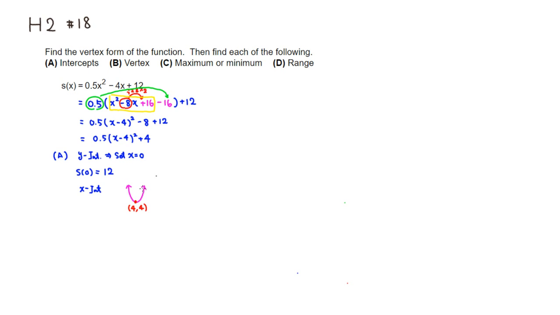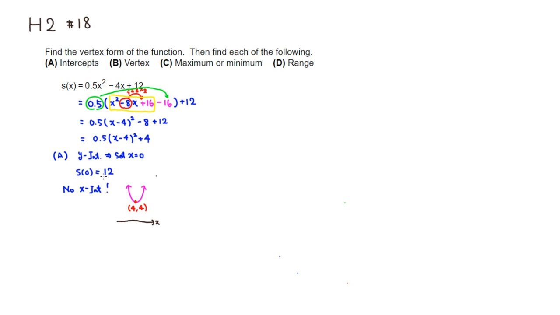So the lowest value is actually positive 4, which means that the x-axis is below this parabola. This parabola never touches the x-axis, which means that there's no x-intercept.